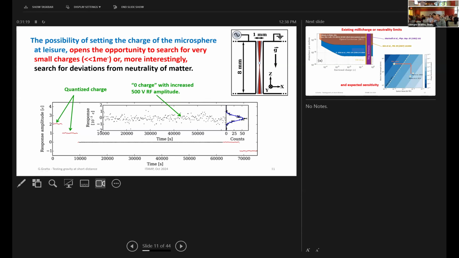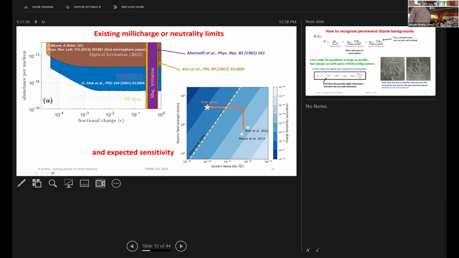You apply an AC field, and from the motion you actually measure the charge. So you can boost the field up and actually measure how neutral your microsphere is.